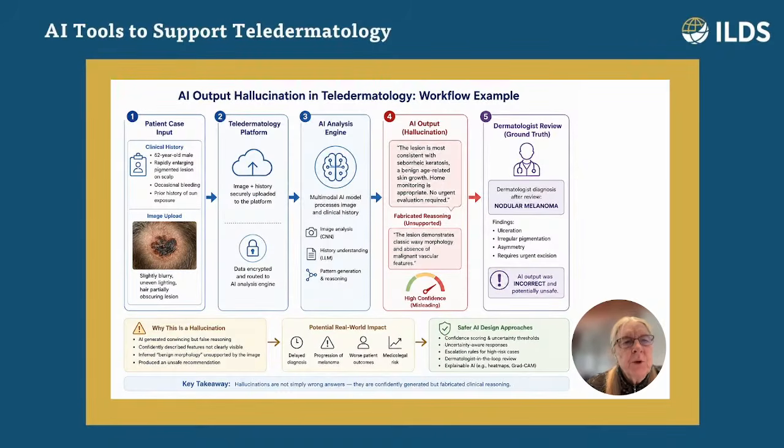Let's imagine a workflow where the patient approaches automated teledermatology and it gives them the wrong diagnosis, so that melanoma has now become a seborrheic keratosis. Well, that's okay, but now it fabricates reasoning and explains why it made this diagnosis, and it's a load of rubbish. So we need a dermatologist to produce the right answer.